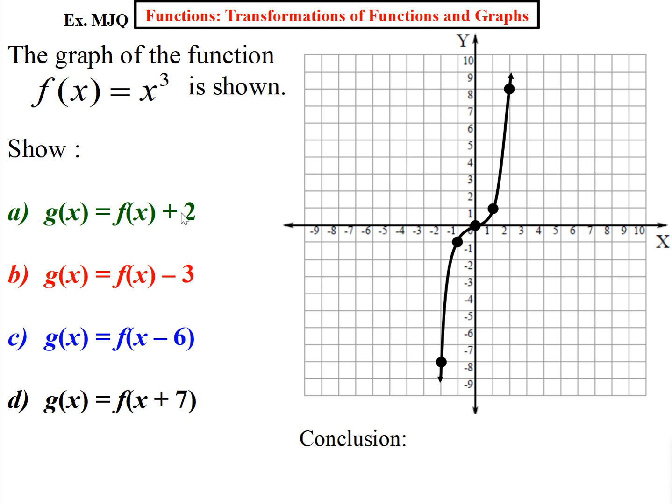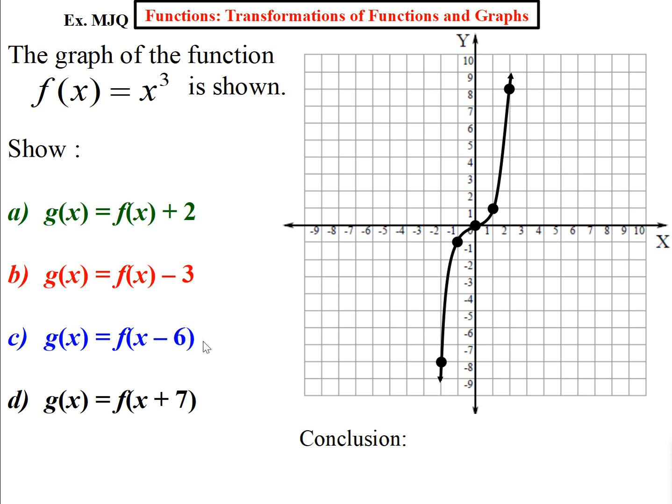Alright, tell your neighbor the rest of the transformation, see if they get it right. The green one, the red one, and the blue one. Talk it over to your neighbor, please. All right, let's see if we got it right.